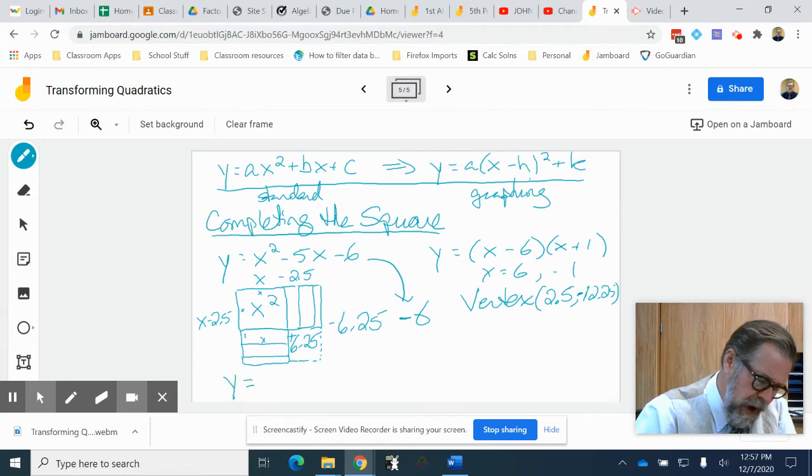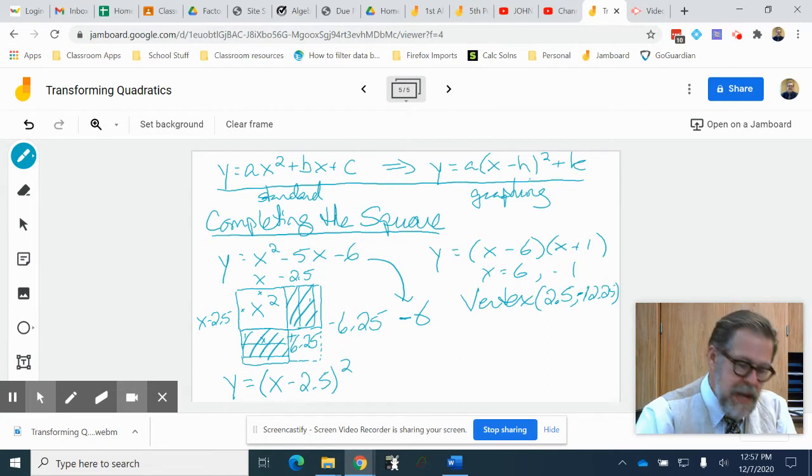Well, now I can rewrite this equation. I could write y equals, well, my x squared minus 5x plus my 6.25 comes out to (x minus 2.5) all squared. My minus 6.25 minus 6 comes out to minus 12.25.